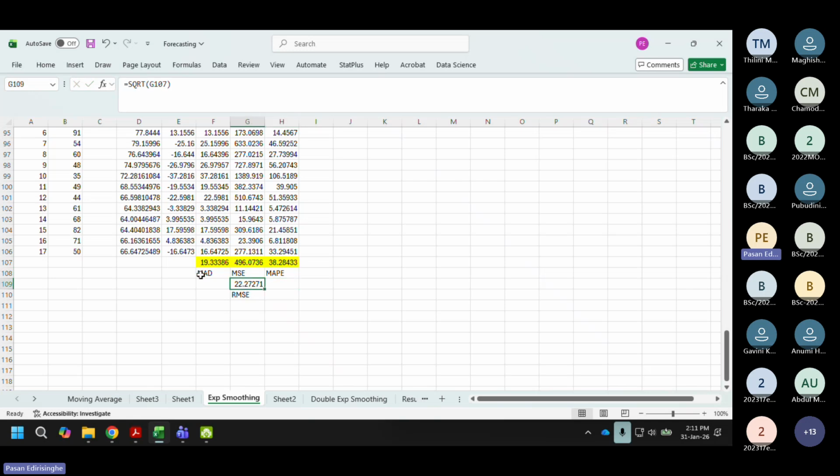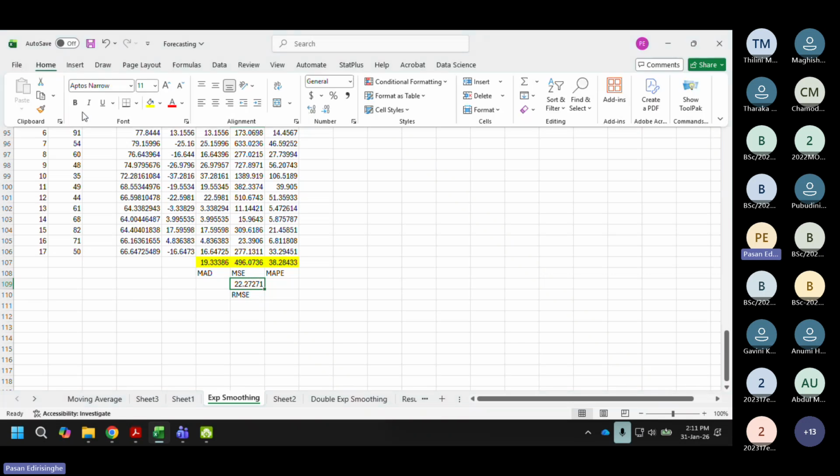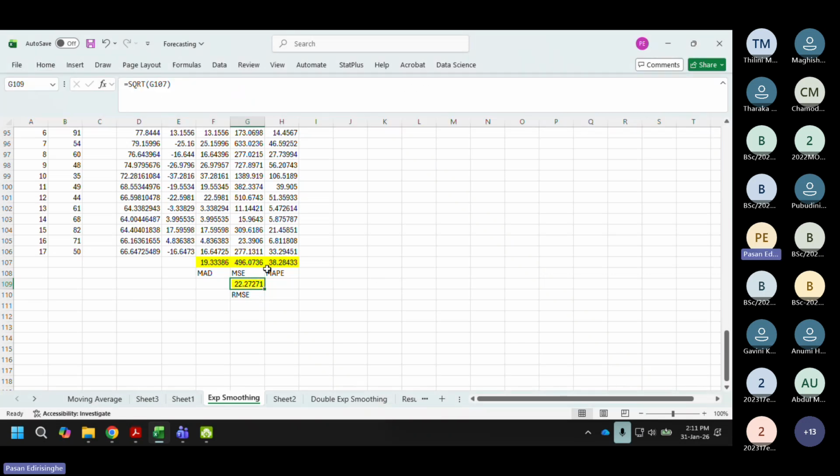And some people like to look at the root mean square error because, when you are taking the mean square error, we are squaring it. So in terms of the same units, you can notice that the mean absolute deviation, root mean square error, and mean absolute percentage error are in the same units.